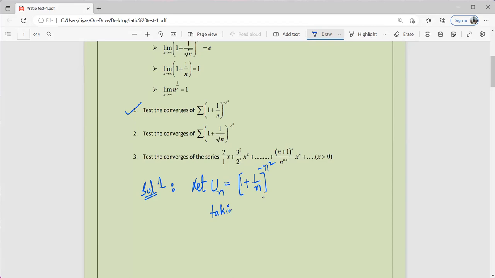Okay, taking the second step: taking the nth root on both sides. And here you can easily identify that this is the kind of question where the nth root is to be taken, because the hint is that power n should be there. Anything should be in power n form. Okay, un whole to the power of 1 by n is equal to, here we have 1 plus 1 by n whole to the power of minus n square, and its whole power is 1 by n.